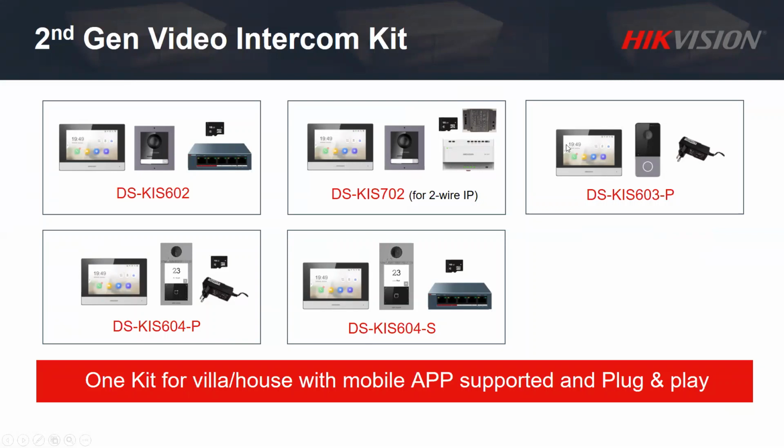This is also 1-to-1, but with the villa door station. And this fourth one is also the villa door station, 1-to-1. This one with a P has a power adapter included in the kit. This one with an S means there's a standard PoE switch within the kit. And you'll notice some kits also include the SD card.